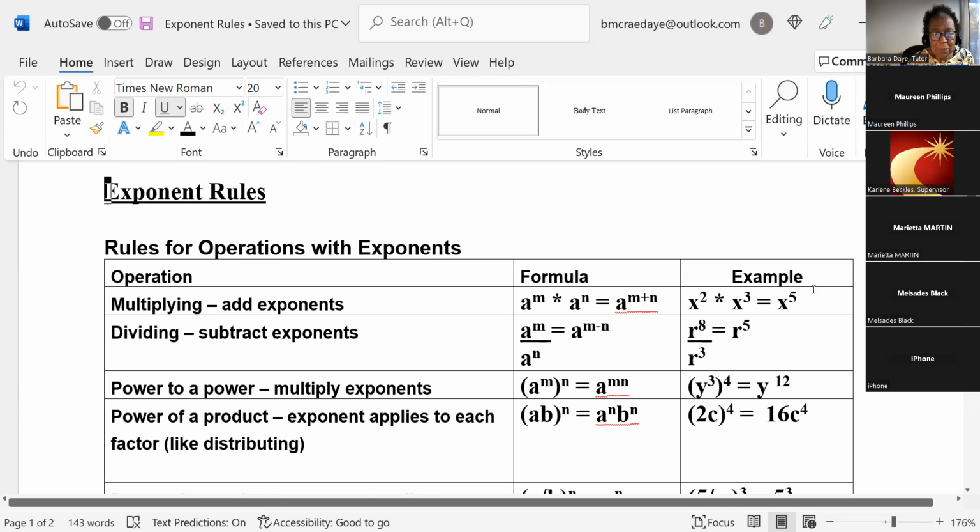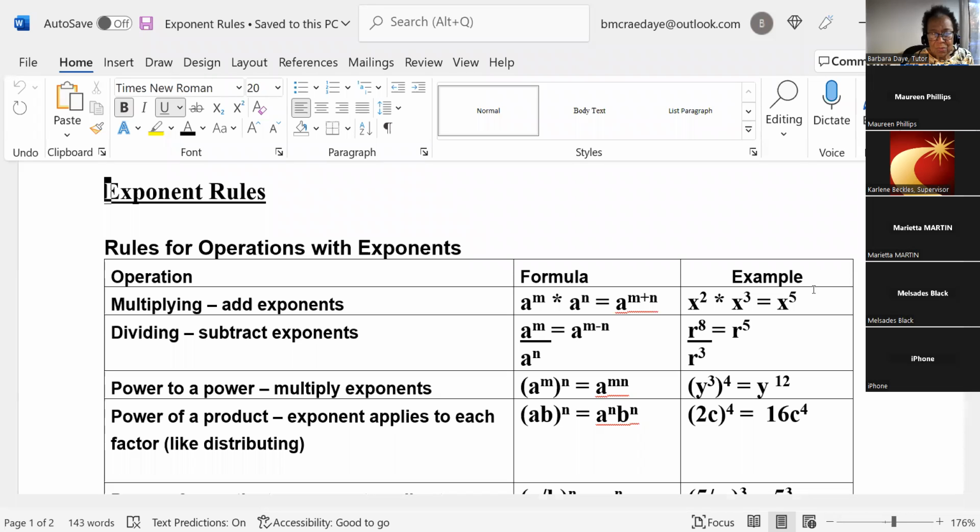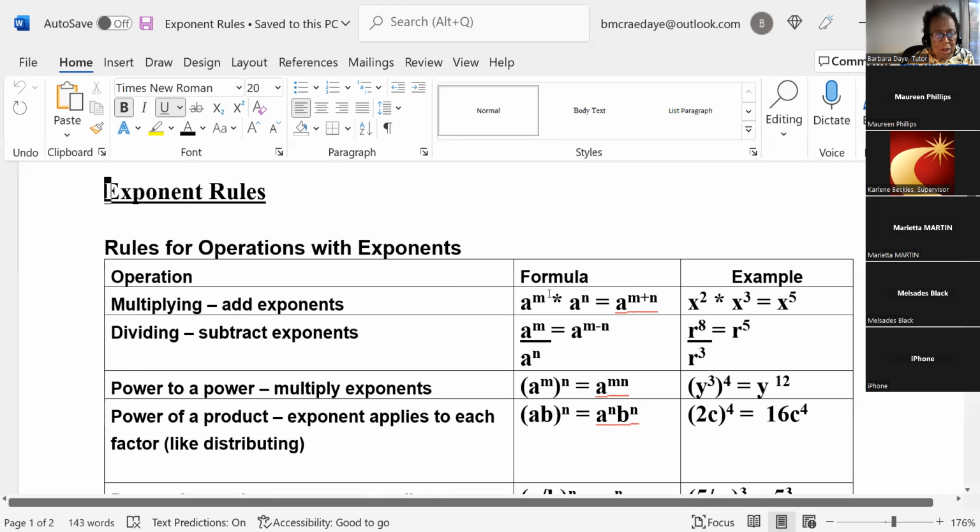Any questions on multiplication of exponents? Marietta, did you understand me? Yeah, when you're multiplying, Marietta, you add the powers. We call them powers or exponents, right? This is A raised to the M power. That M is an exponent. A is a base, B-A-S-E.